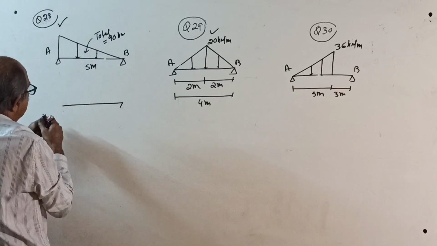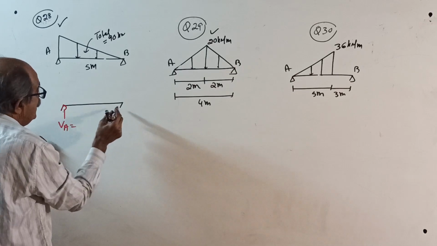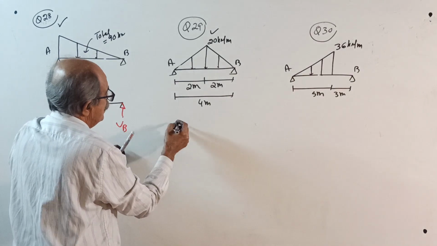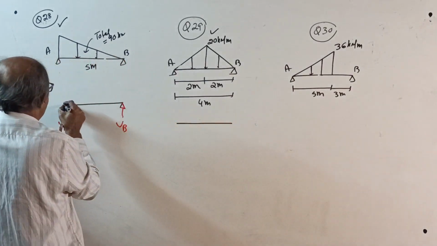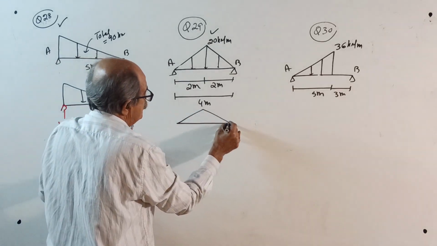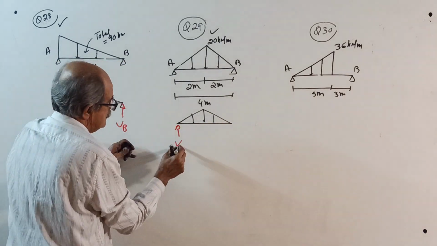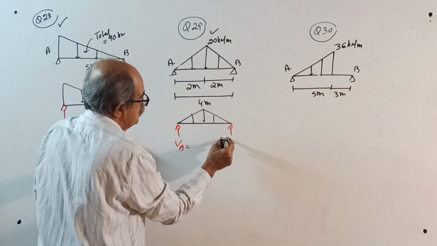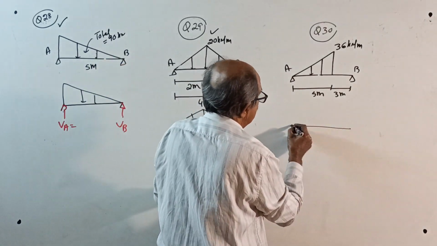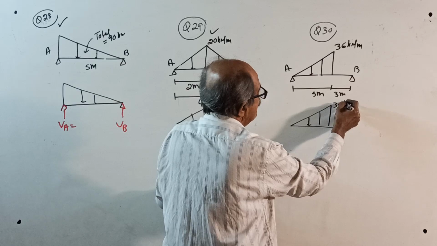Answer. VA equal to VB equal to, with this loading. This I explained earlier.